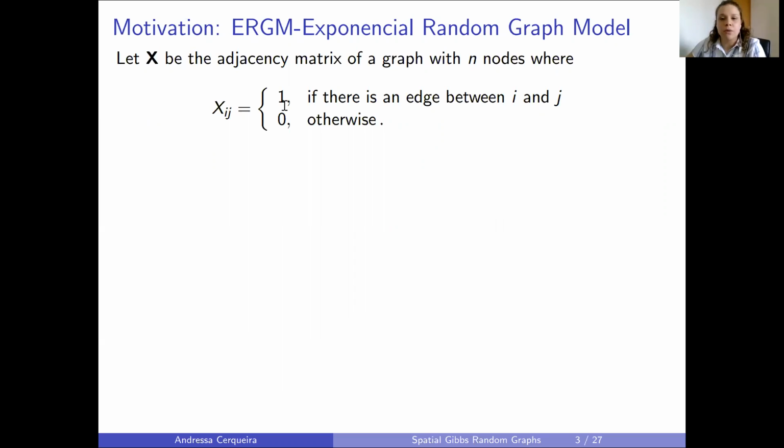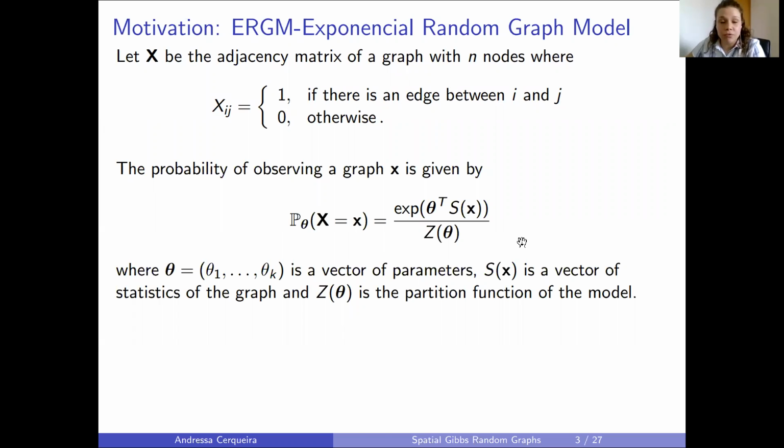For the exponential random graph model, we define the probability of observing an undirected graph with this probability here, where theta is the vector of parameters and S of X is a vector of statistics that we are interested in looking at in the graph.